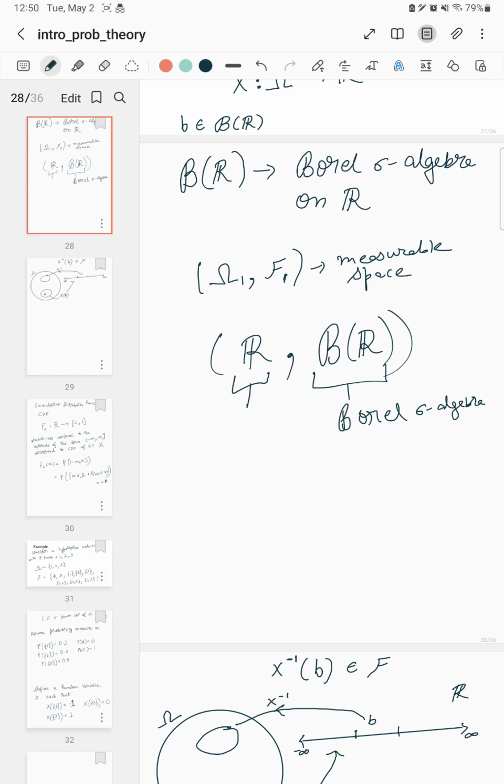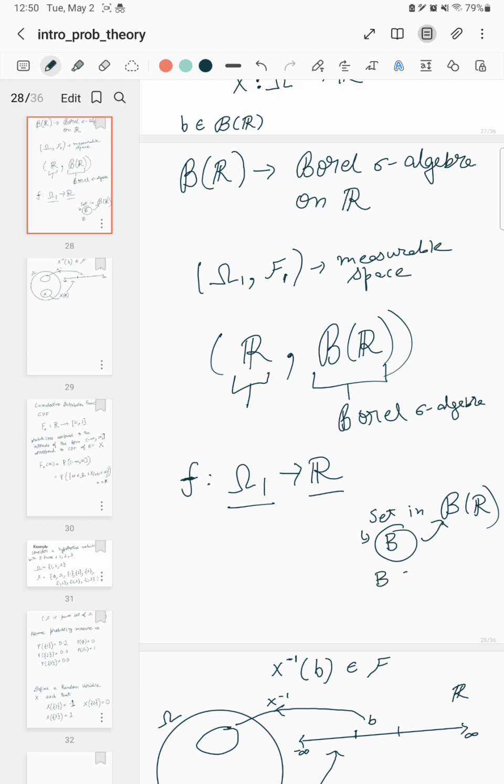So our random variable is a measurable function f which maps from the sample space omega 1 to the sample space of real numbers, such that for any set B belonging to the Borel sigma algebra of R, if we take the pre-image of this B, it would be present in the sigma algebra for the sample space omega 1.